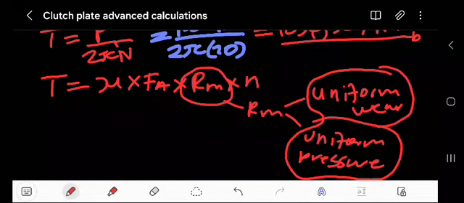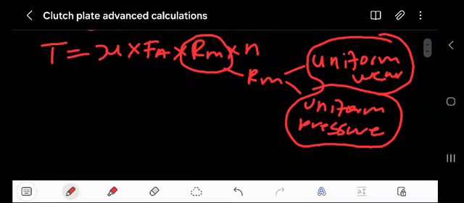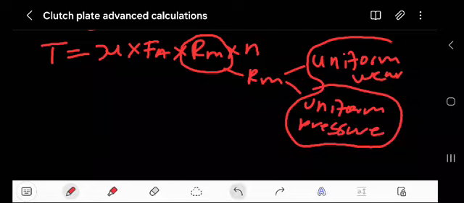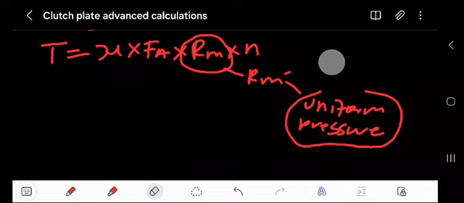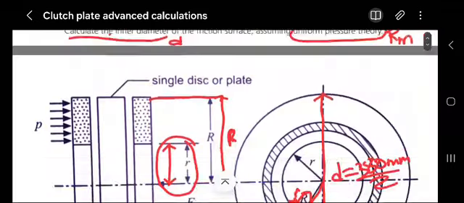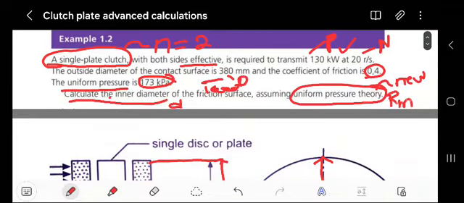If you're given uniform wear, R m will be equal to R f, whereby it is R plus r over 2. But now we're given uniform pressure theory, as you can see there, they've just said uniform pressure theory.